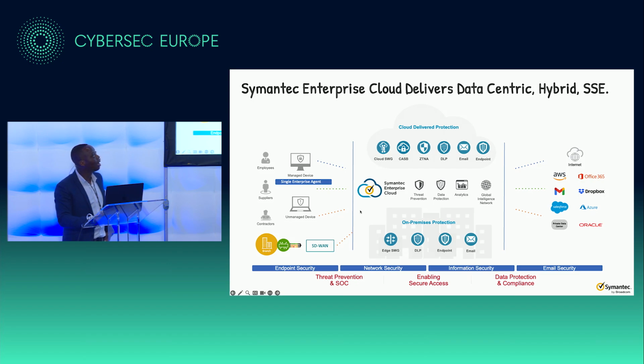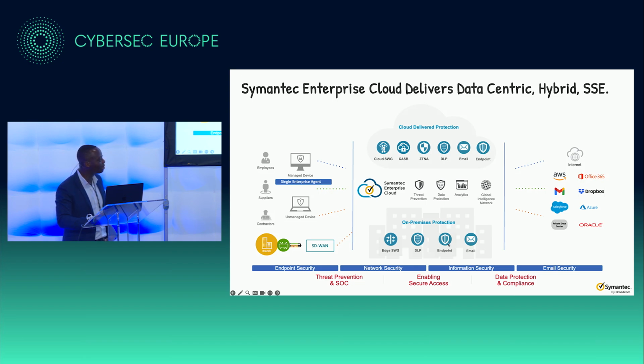And protecting you all the way down, you will have all the security solutions we have in the cloud and also on premises, because most vendors will tell you today we are a cloud native solution, blah blah blah. But today the reality is you still need something on premises, and you still need appliances, whatever they tell you. So we have both. We can provide you the on-premises solution.